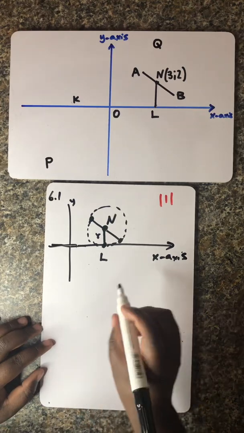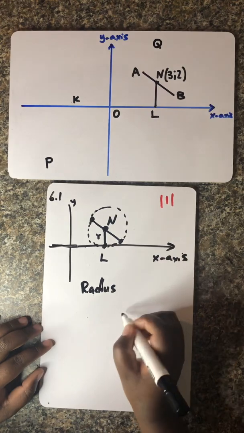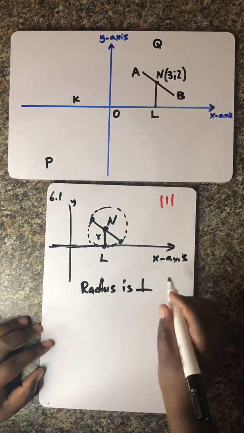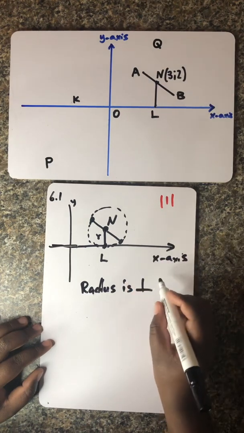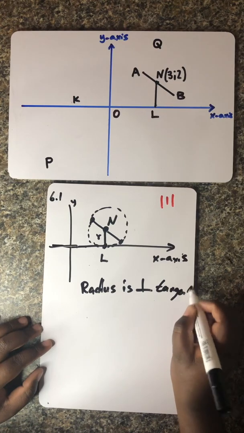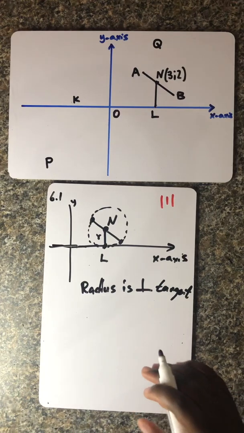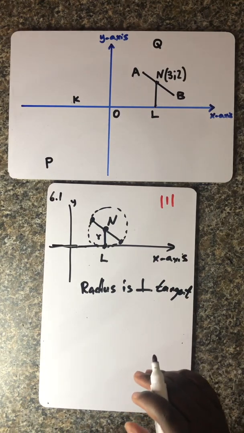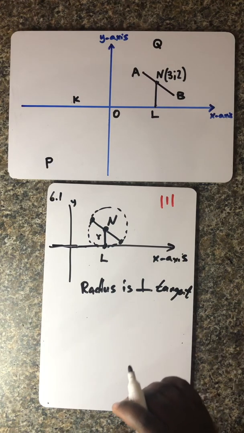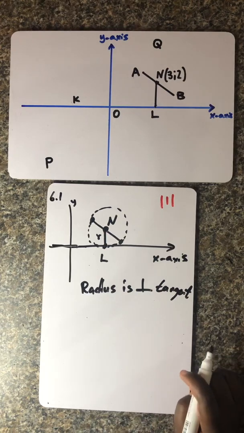Okay, so what I'm saying, ladies and gentlemen, is that actually the radius is perpendicular to the tangent. So the radius of a circle is perpendicular to the tangent at the point of contact. I'm not sure if I need to write all of this information or you got it, ladies and gentlemen.